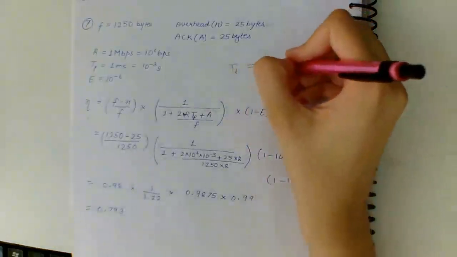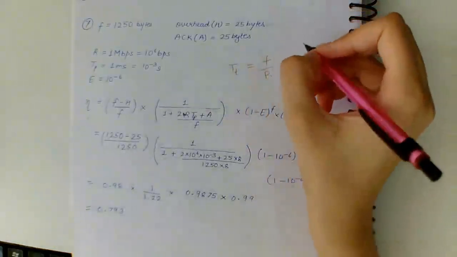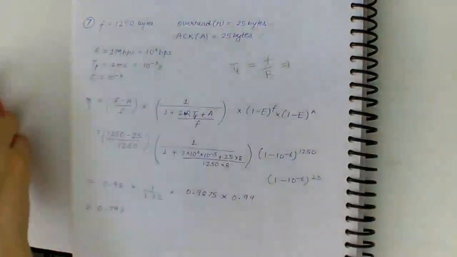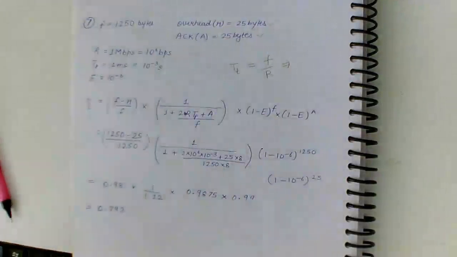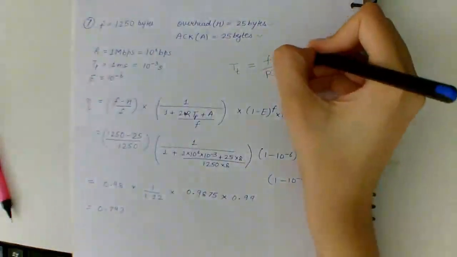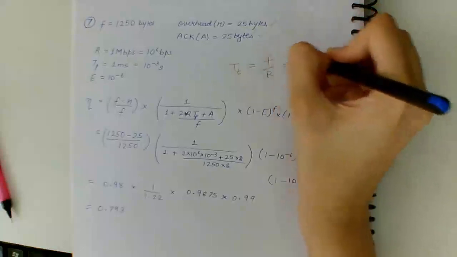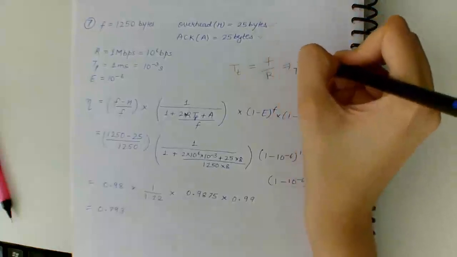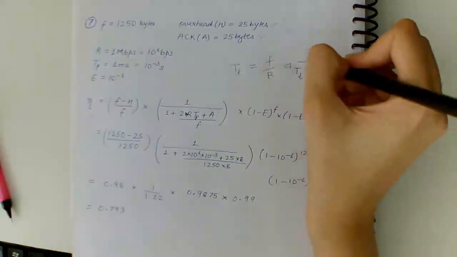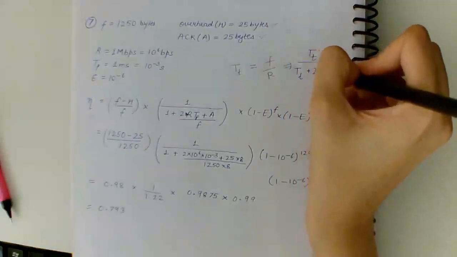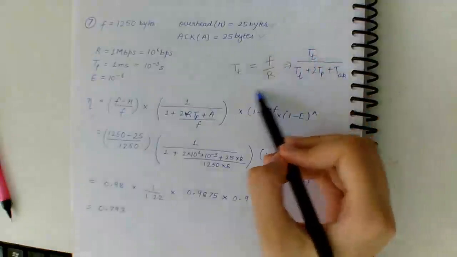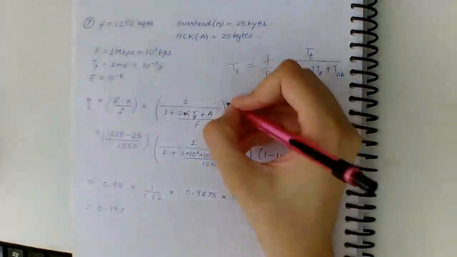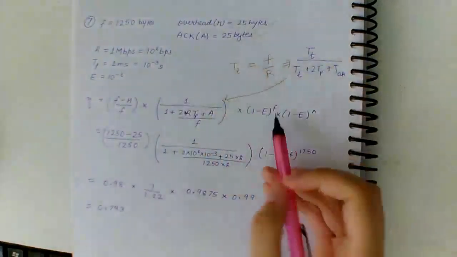Putting it in the formula, which is transmission time divided by transmission time plus 2 into propagation delay plus t acknowledgement, this is what we get.